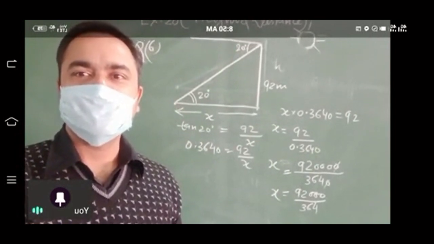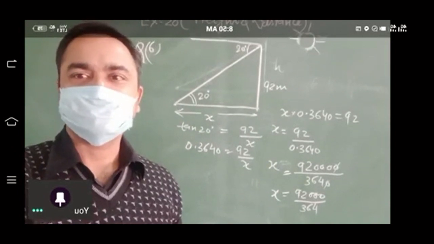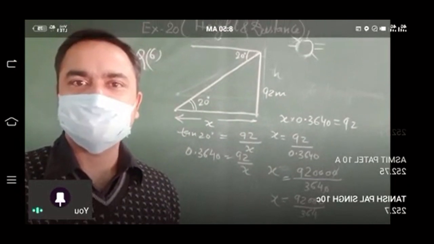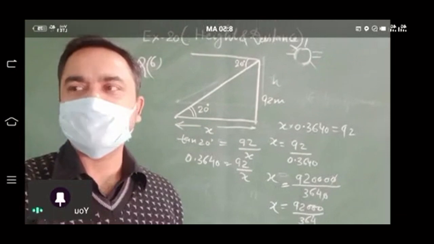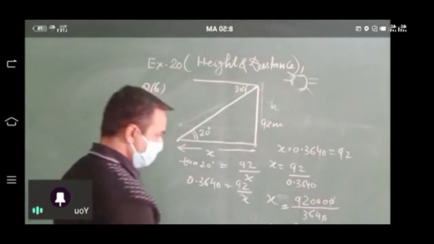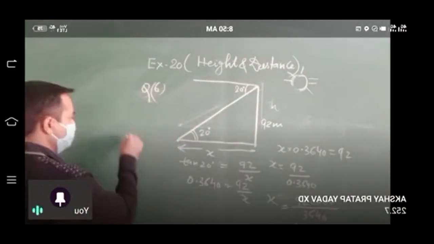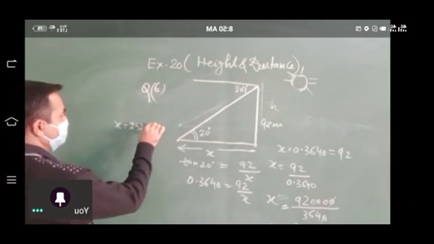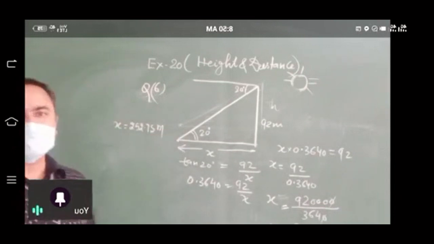What is the value of x? 252.75 has been replied. Someone has done it by using a calculator. So the value of x is 252.75. This is the distance of the buoy from the cliff.